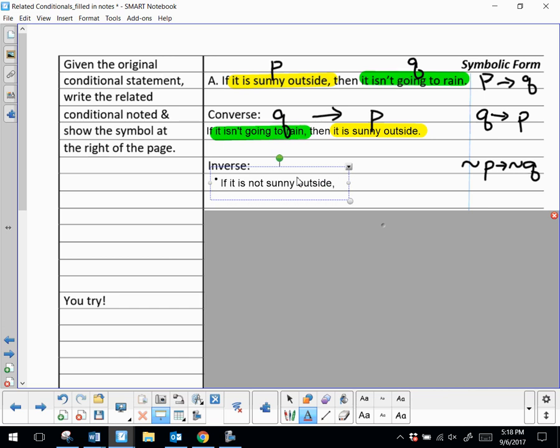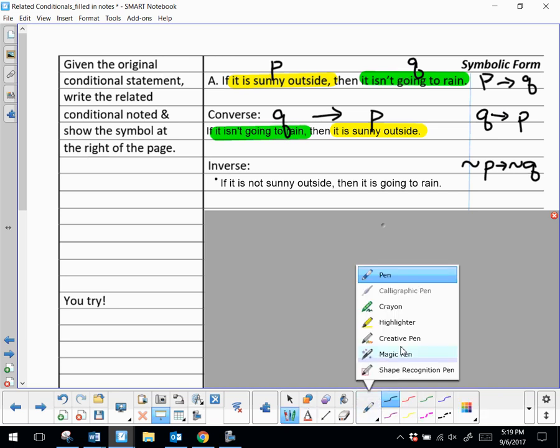By putting the not there, it changes what was originally the P to not P. For my Q, to make it not Q, I need to do the opposite of whatever the original was. The original said it isn't going to rain, so my inverse is going to sound like this. Then it is going to rain. And that would be the inverse of that original conditional.